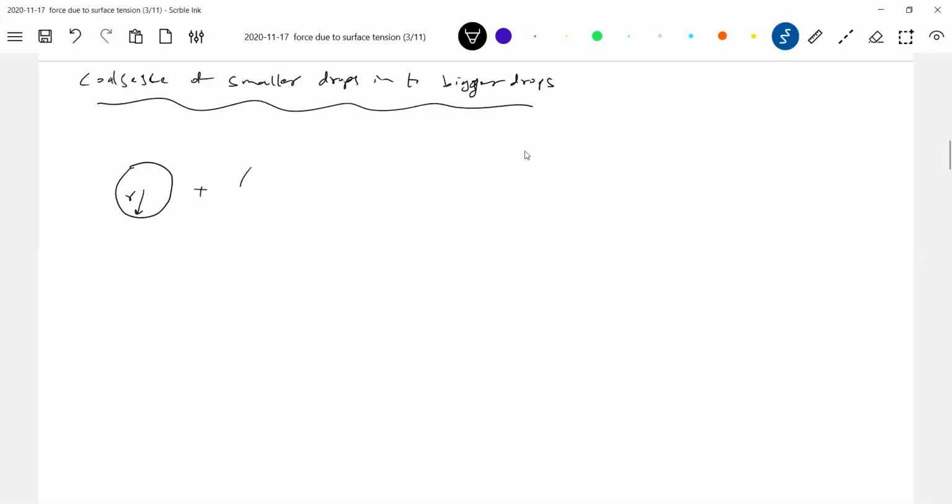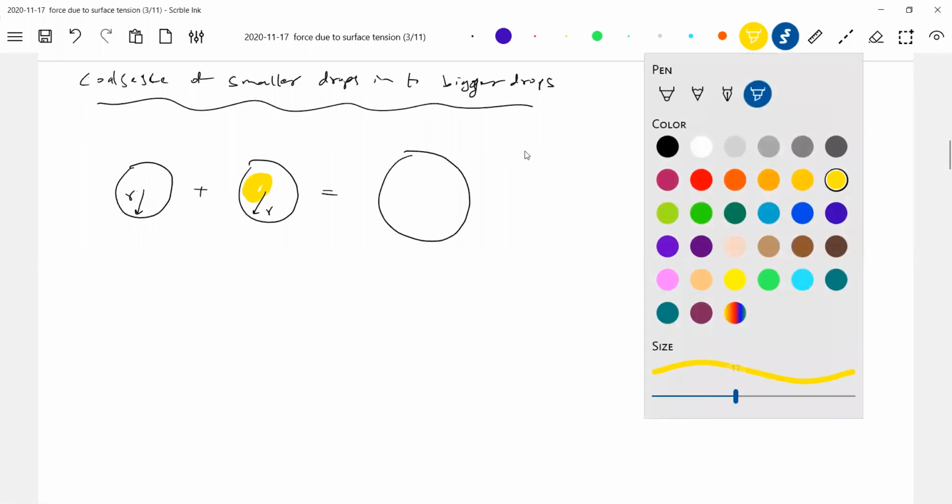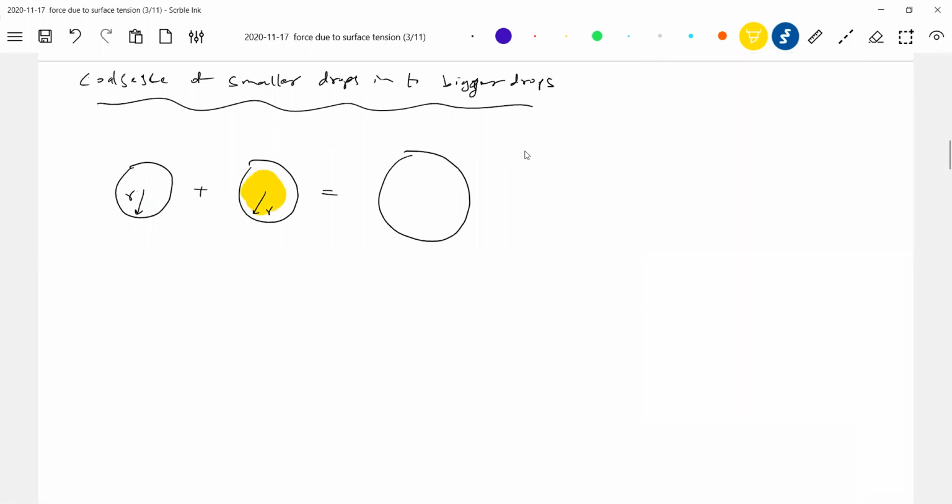So a drop is there, radius r. Smaller drops will combine and form a bigger drop. Tell me, what will happen?